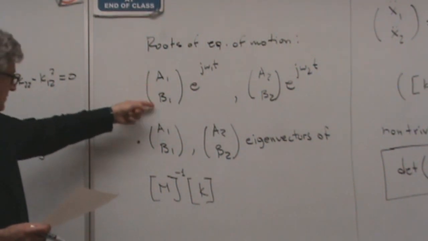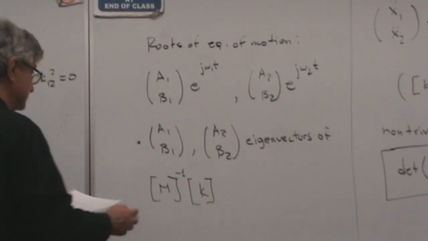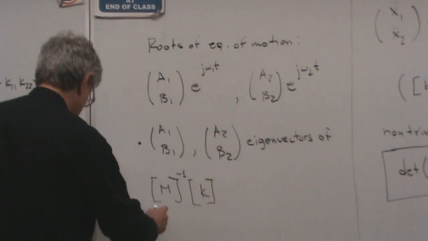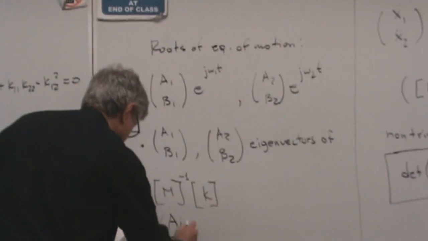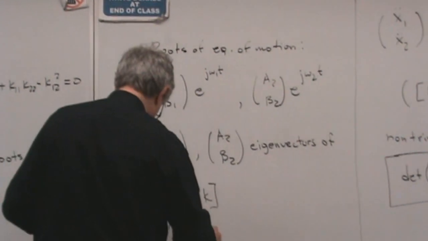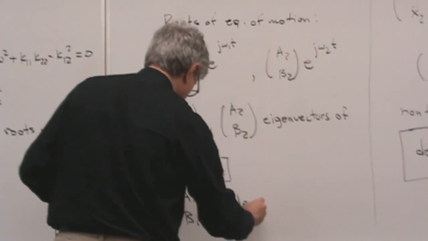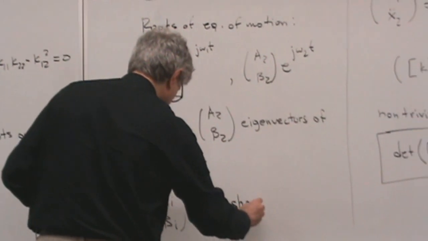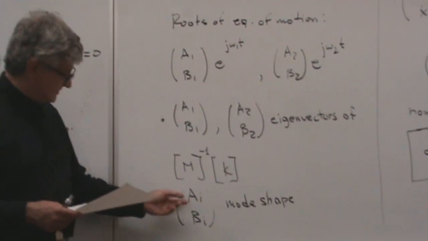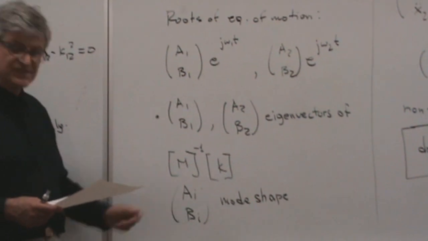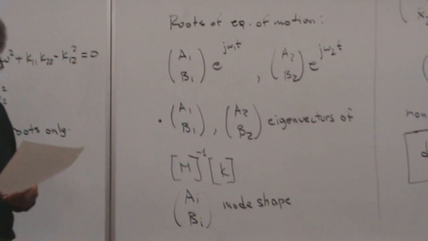These vectors are called mode shapes. So Ai, Bi is a mode shape, and there are two mode shapes in this example where we have a 2-degree of freedom system.